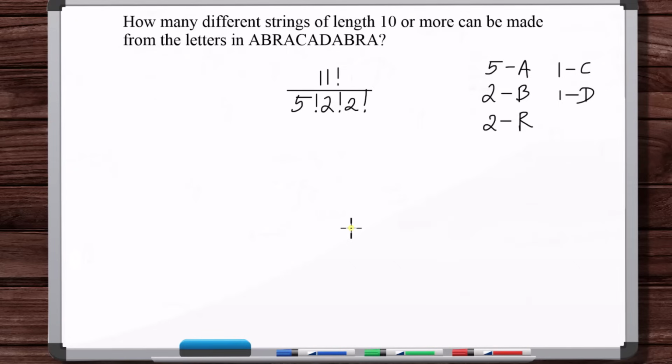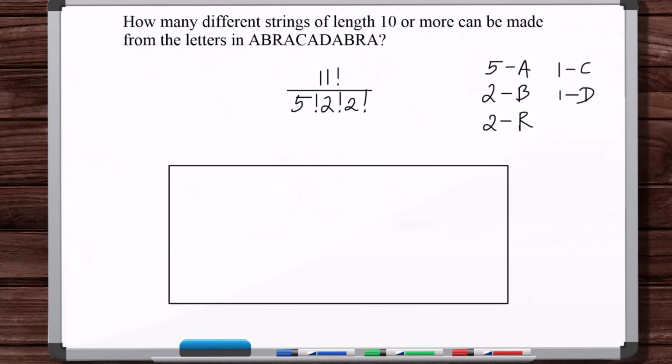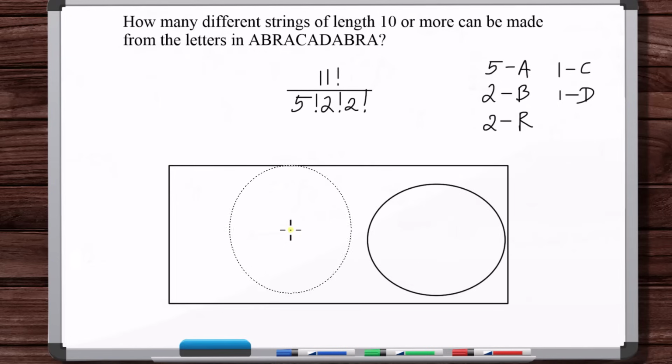All right, now, what about the 10 character strings? Well, we're going to need to break this up into different events. Like if you had a whole Venn diagram for 10 character strings, here's all of the 11 character strings. This is the entire system. Here's all the 10 character strings. There's no overlap, right? System, 11 character, 10 character.